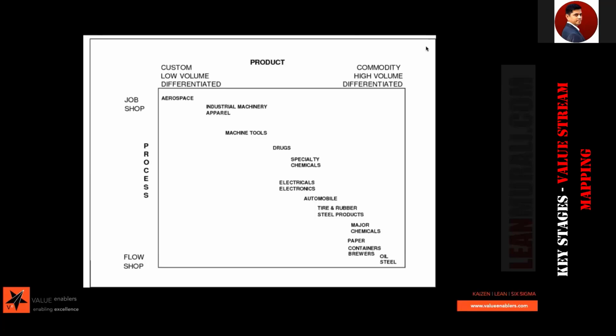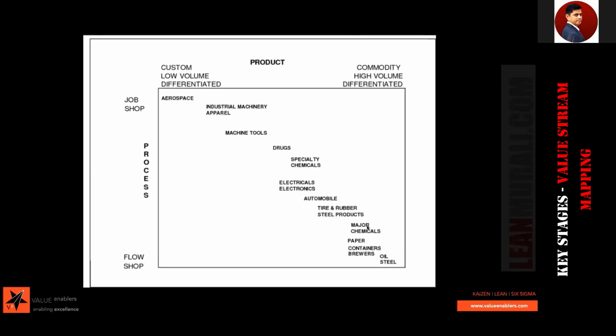Oh, Mr. Subrata said okay, fine. So in oil and steel, if you see steel, it is continuously coming, flowing. Paper industries, breweries, if you see, it is continuously coming. And then somewhere the tire and rubber industry is here.